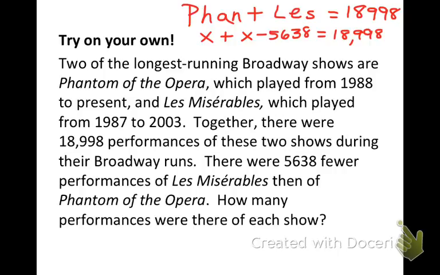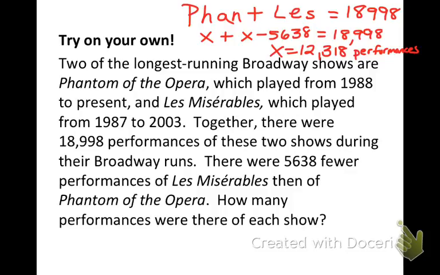Add it over. So what do you get x to be? 12,318. How would you label that? What are your units? It's performances, good. Performances of your Phantom. So then how many Les Mis performances?